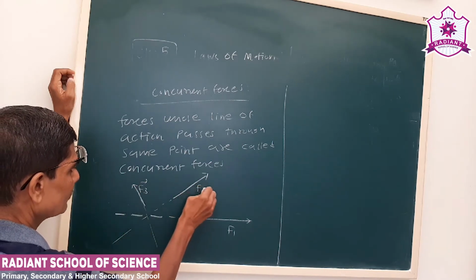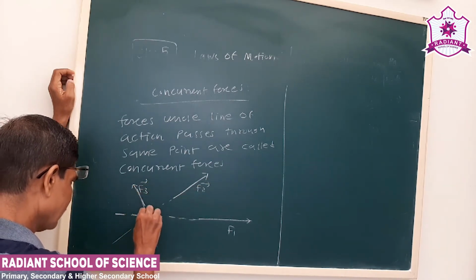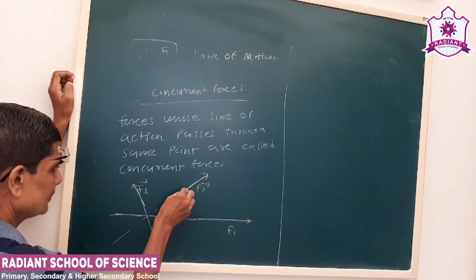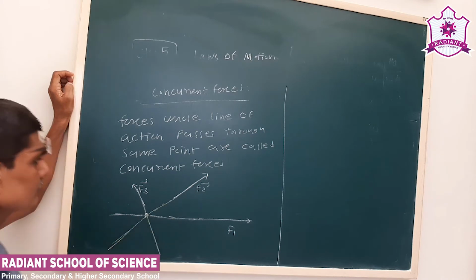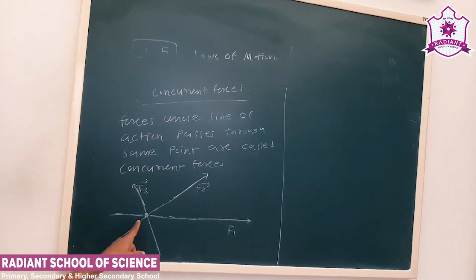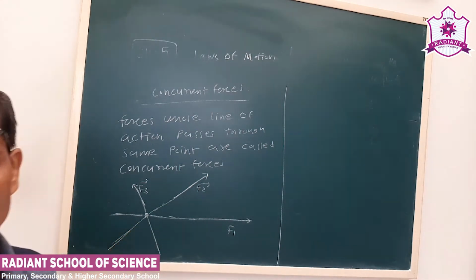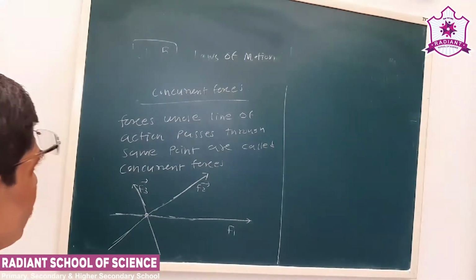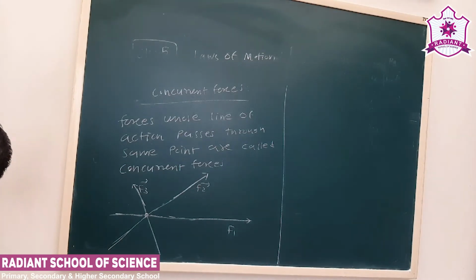All these three we can see pass through the same point. Then such forces are concurrent forces. So forces whose line of action passes through the same point are called concurrent forces.